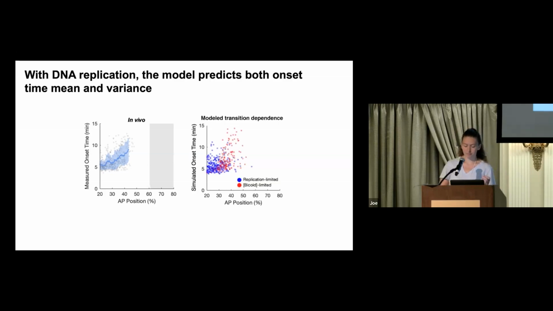I'm able to annotate each onset time based on whether DNA replication or Bicoid concentration determined the onset time. This is a good way to visualize that the model supports the idea that DNA replication delays the onset of transcription at high Bicoid concentrations.